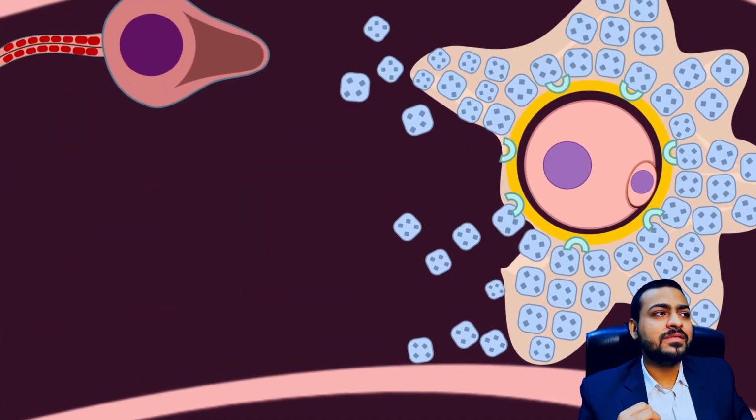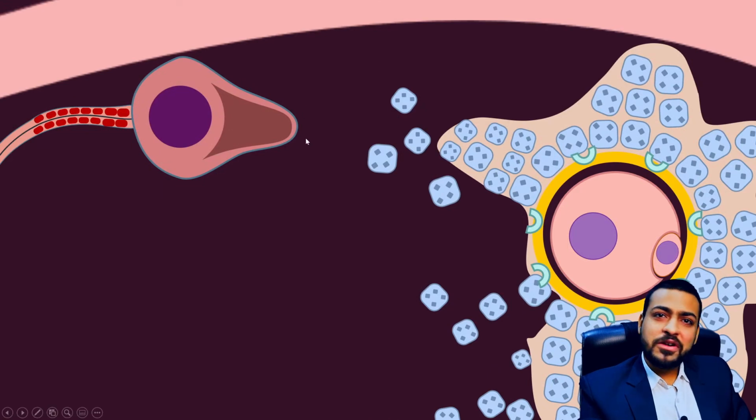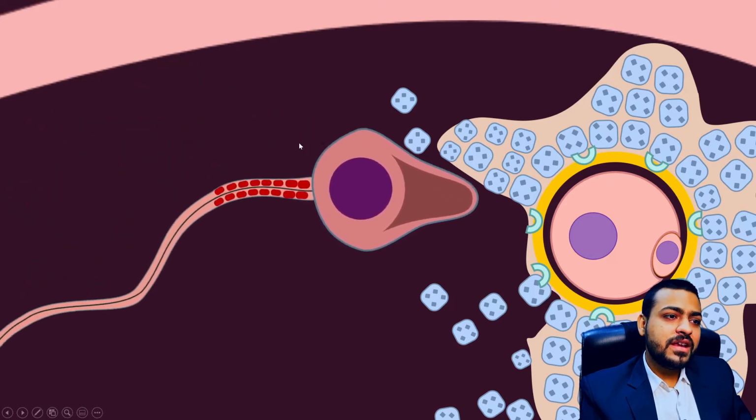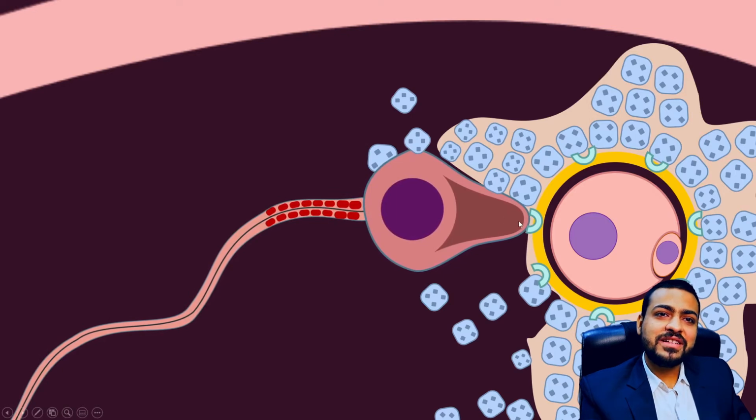Sad story for them. Then there was this opportunistic clever sperm who went on looking at these other sperms that broke open the corona radiata, and now it gets the opportunity and it will bind with this receptor.